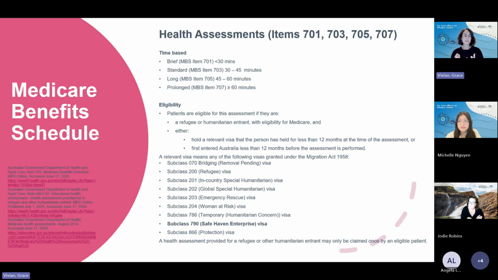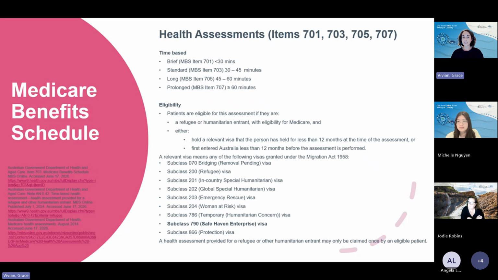As GPs, you'd be familiar with the MBS and with the health assessment item numbers here, the 701, 703, 705, and 707. These are time-based, and the eligibility for refugees is essentially two things.